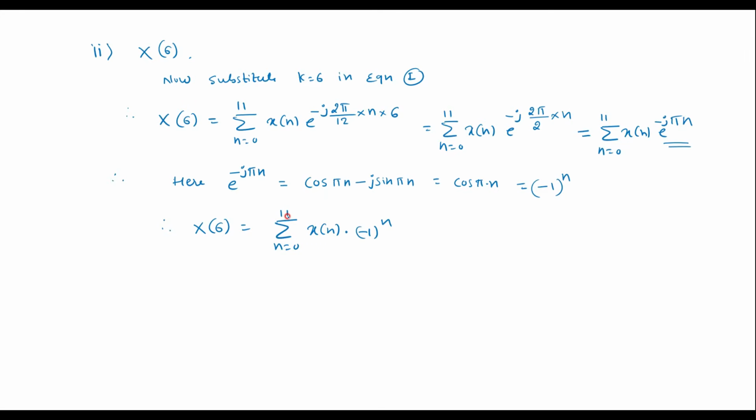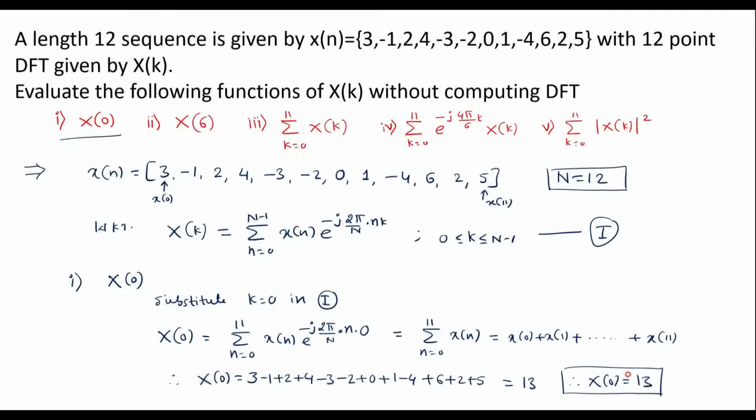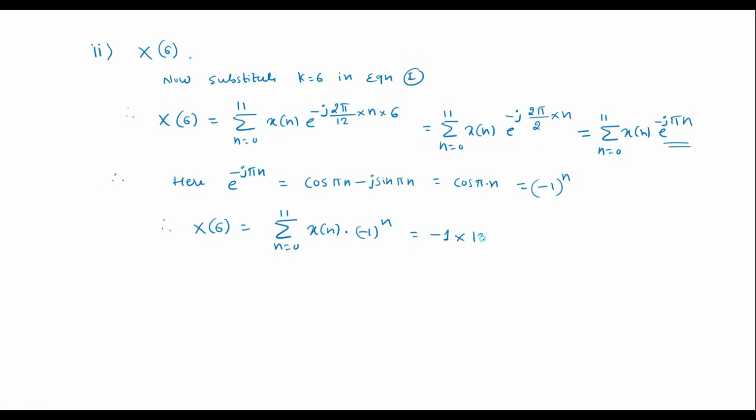Here the last number is 11, so definitely the sign will be minus. Therefore I can write it as minus 1 into the summation n equal to 0 to 11 of x of n, which we have already calculated, that is 13. So it will be minus 13. Therefore X of 6 will be equal to minus 13.